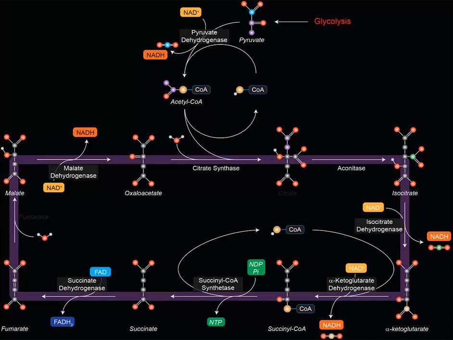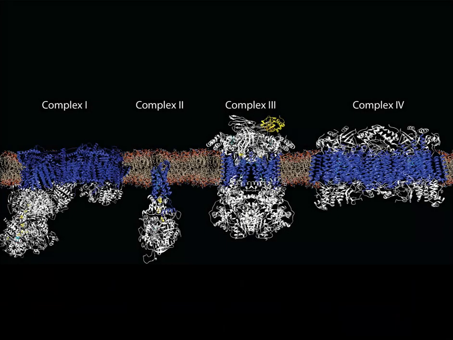Okay, so in this video, we're going to explore that process a little bit more. So the mitochondrial electron transport chain consists of 4 big, huge protein complexes named complex 1, complex 2, complex 3, and complex 4. And each of these have their own more specific names, but in this video, we're just going to refer to them by their numbers.